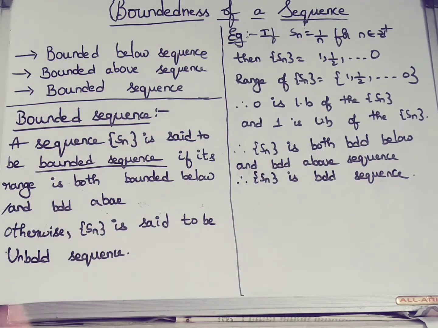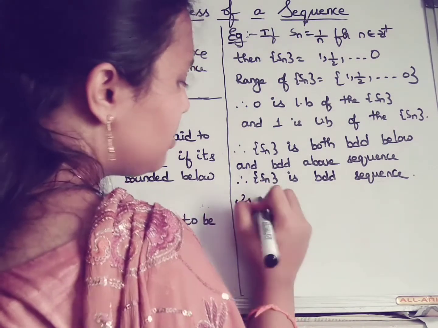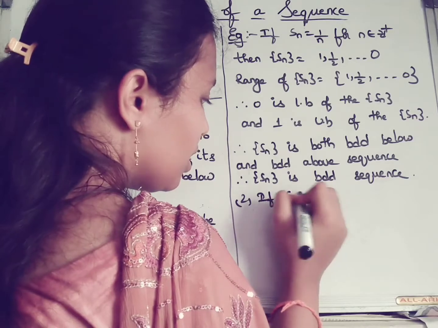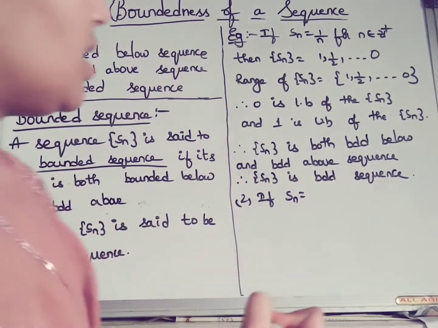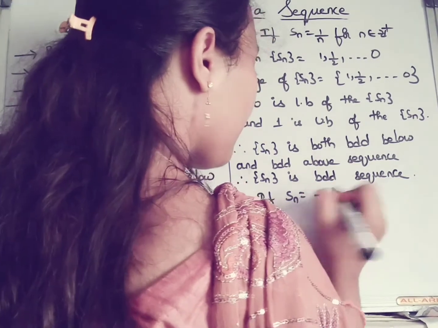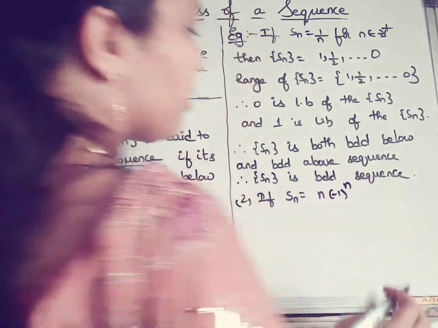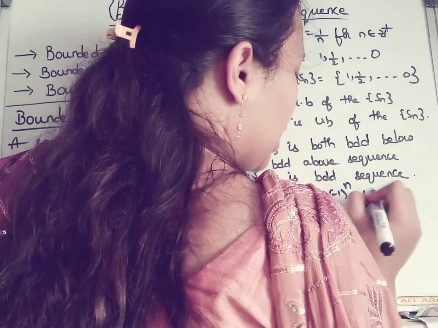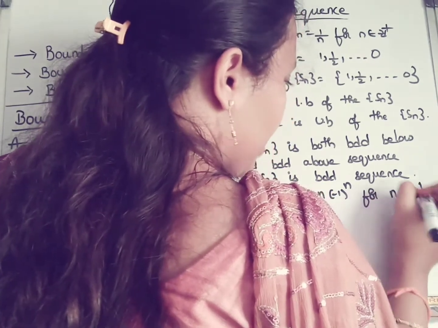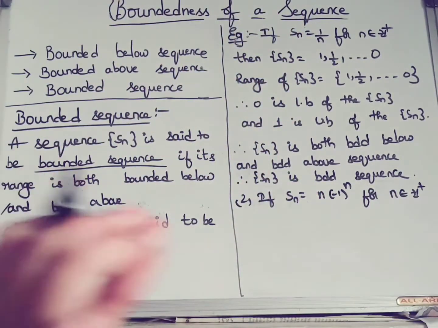We need to check an unbounded sequence example also, right? So, for example, if our nth term Sn is equal to n into minus 1 to the power of n, for n belongs to Z plus, that is, n is any positive integer.